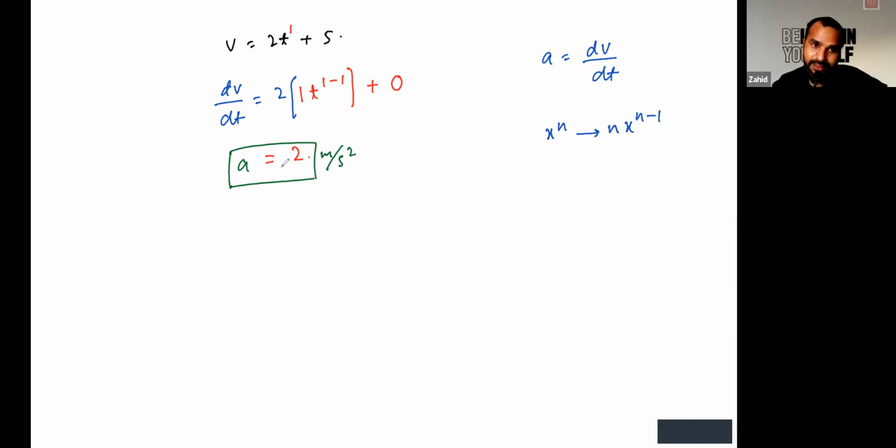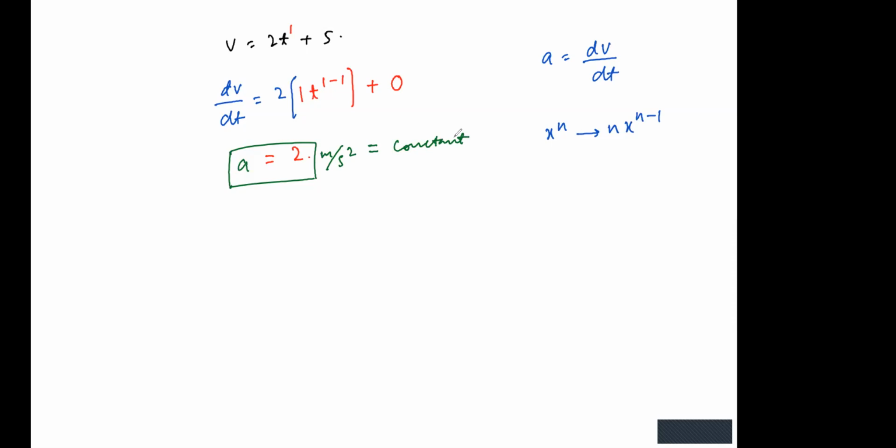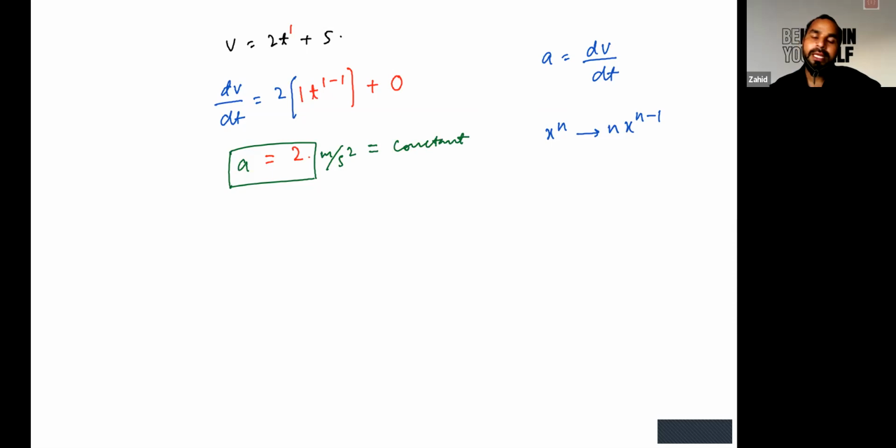There is no time dependency in this part, so we call it constant, as 2 is independent of time here. Okay. Some may ask you, tell me the nature of the acceleration for this function. So we call it constantly accelerating motion.